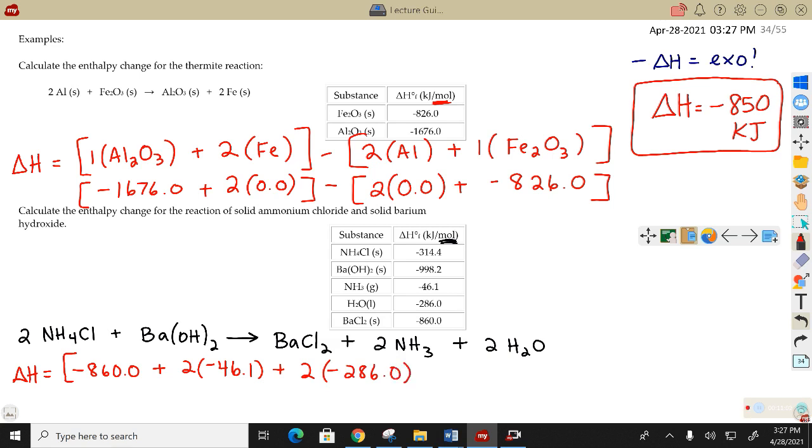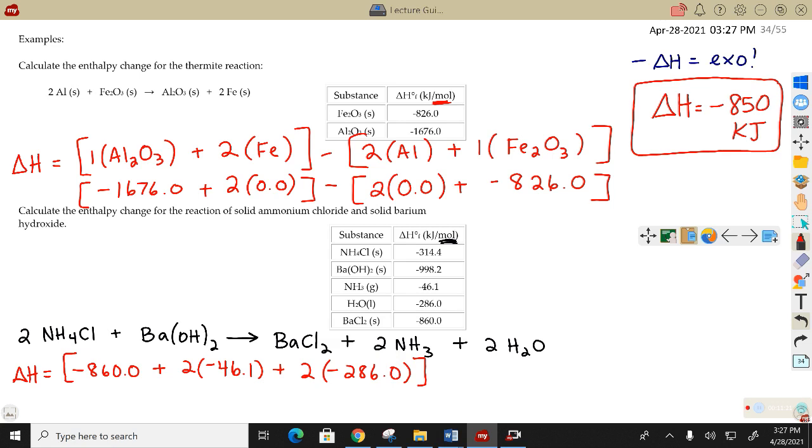And again, these numbers would be given to us. These are all constants. Here's the total energy of all my products, because technically that coefficient is moles, and these numbers are kilojoules per mole. So I'm multiplying by any coefficients in the balanced equation.